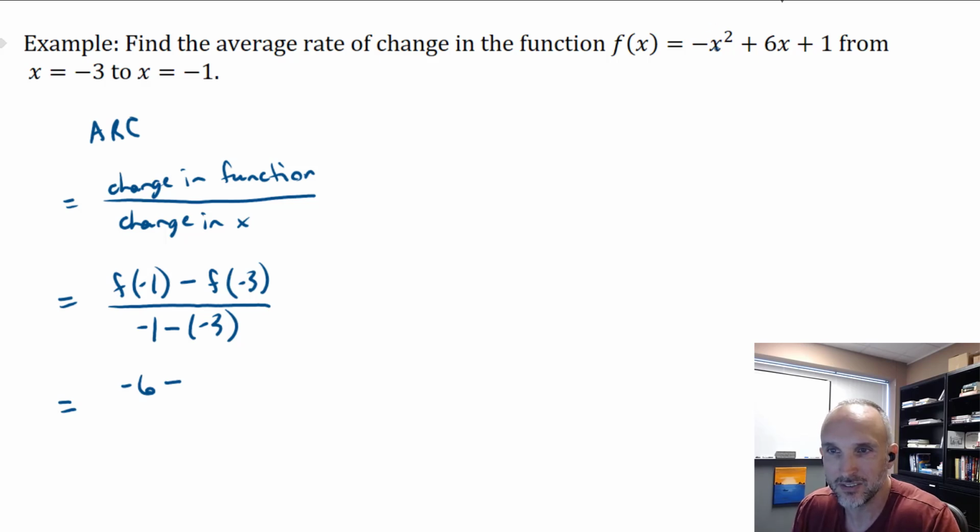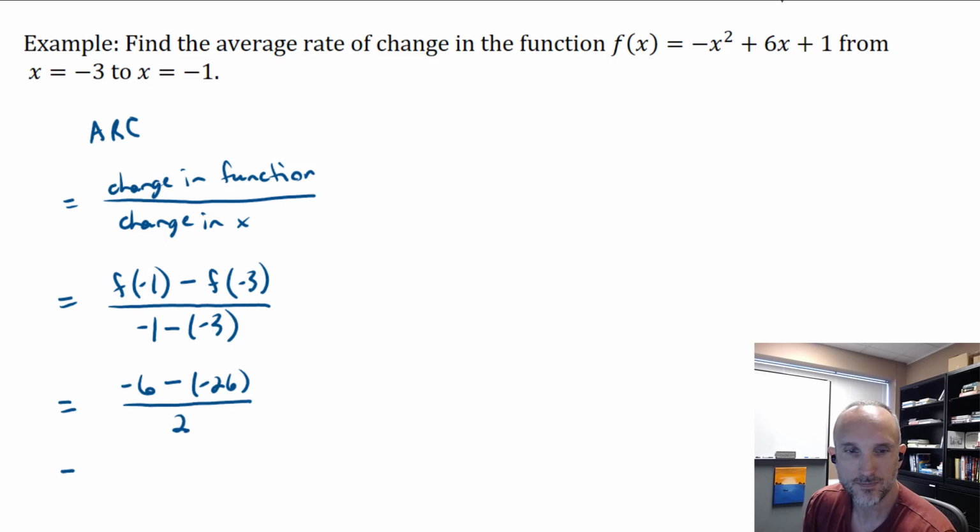We get -9 minus 18, which is -27, plus 1 is -26. So we have minus -26 over -1 plus 3, which is 2. So we get -6 plus 26, which is 20. 20 divided by 2 is 10. And that is our average rate of change.